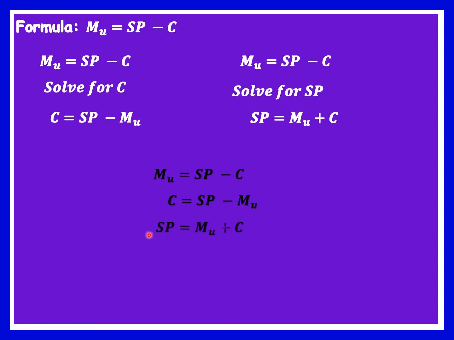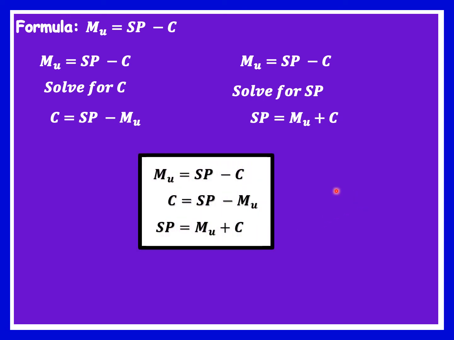Another formula is SP equals M sub U plus C. We will use this if we will solve for the selling price given the markup and the cost. So do not forget these three formulas. Okay? By the way, if you memorize the first formula, it's very simple for you to derive the other formulas.